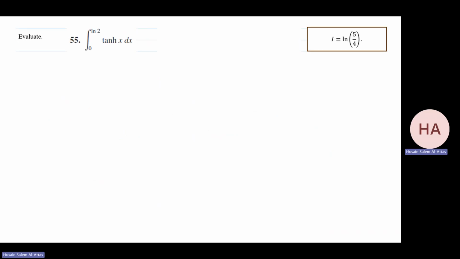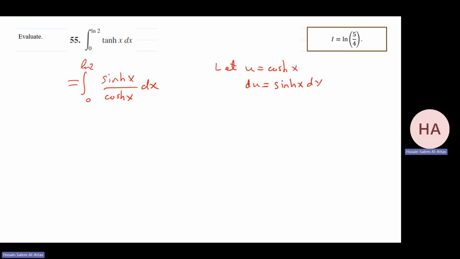Tan hyperbolic, I can write it as sine hyperbolic over cosine hyperbolic dx. Now I will let u be cosine hyperbolic x, so du will be sine hyperbolic dx. Be careful now with the calculation. Now, I'm letting u be cosine hyperbolic.